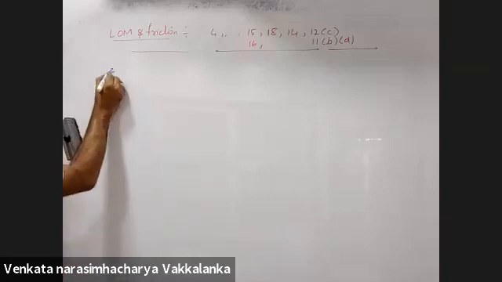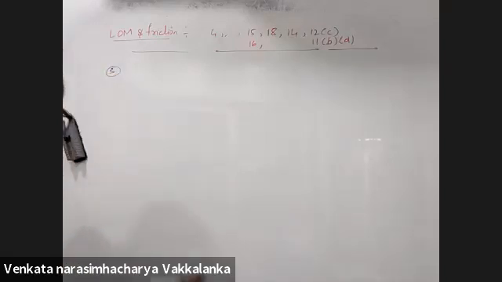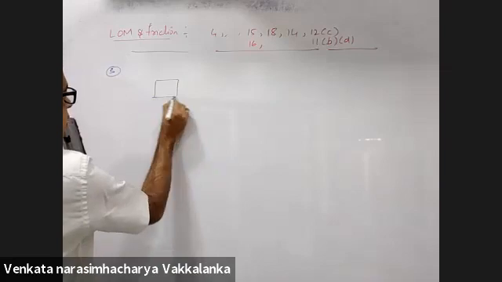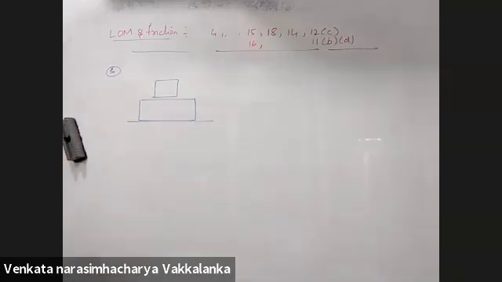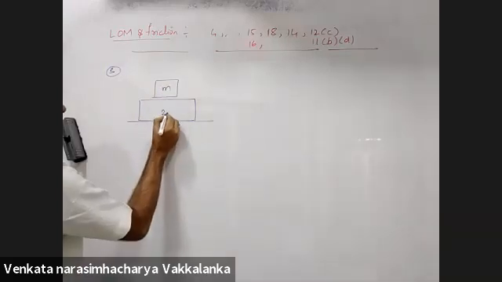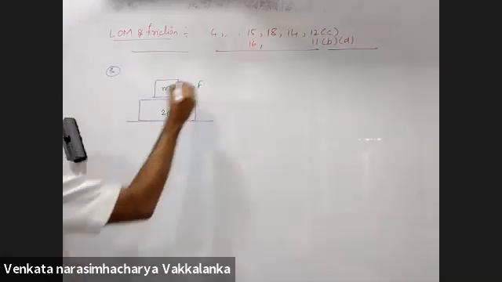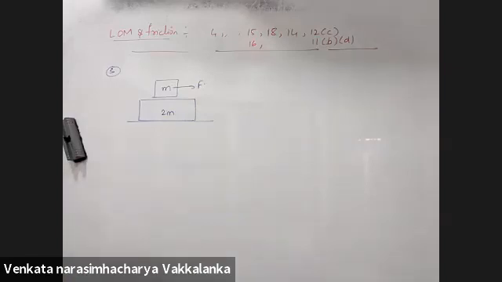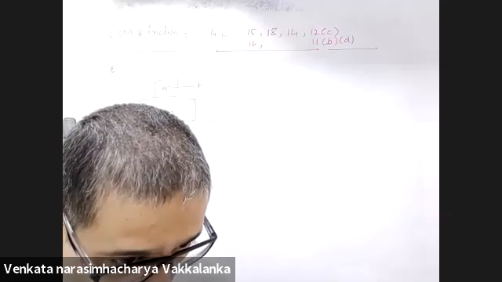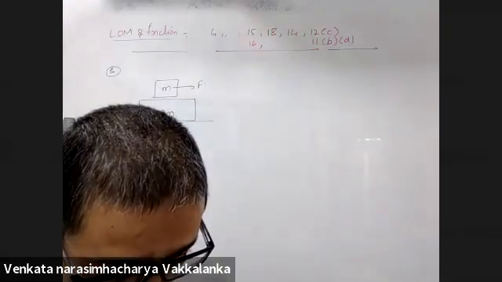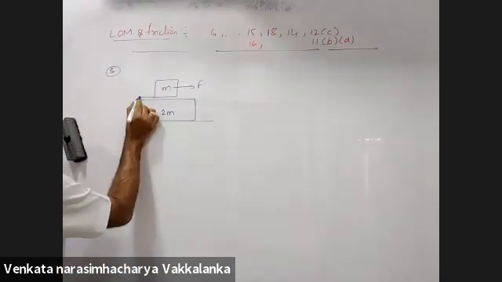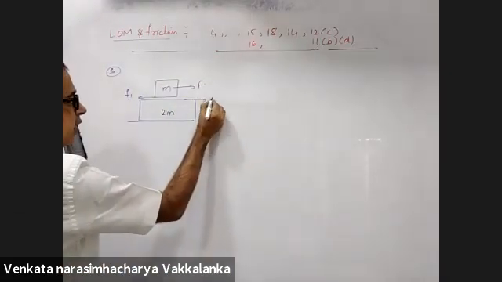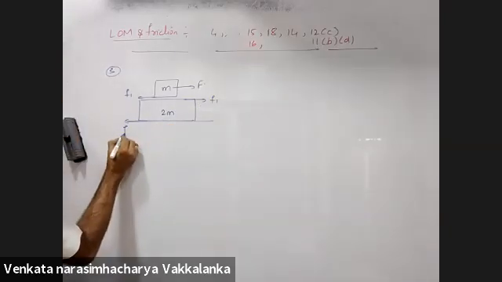Third question. This is a good one actually. There are quite a few good questions in this assignment. You are pulling this with a force of F. You will have a frictional force of F1 here, reaction of F1 here, call this as F2.